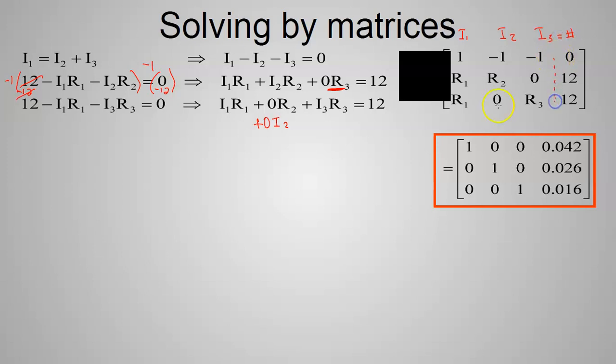Sometimes you'll even see people draw a little dotted line down like that. Here's my coefficient of the first variable, coefficient of the second variable, coefficient of the third variable, equals constant on the other side. All right, so that's the format we're trying to get this into.